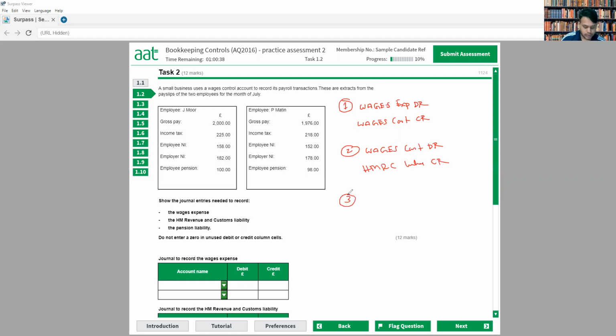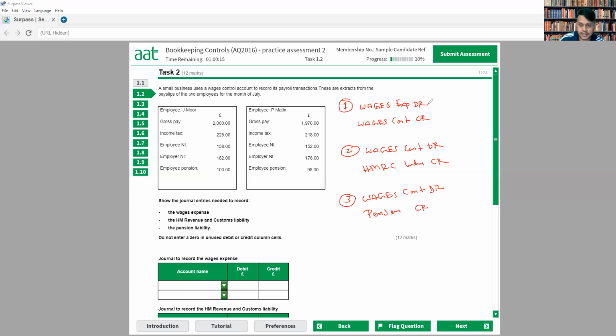And the next one, we have the pension. So pension is also a liability. So wages control debit and pension liability credit. Anything we have to pay to the outside or to a third party, it is all a liability we have to pay. So it will be credit.